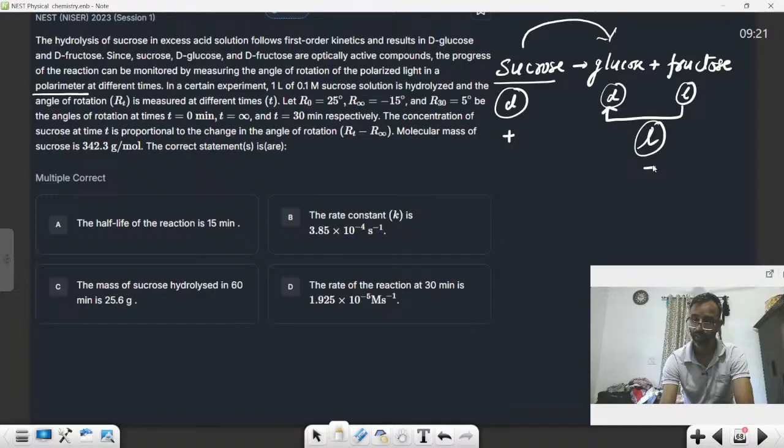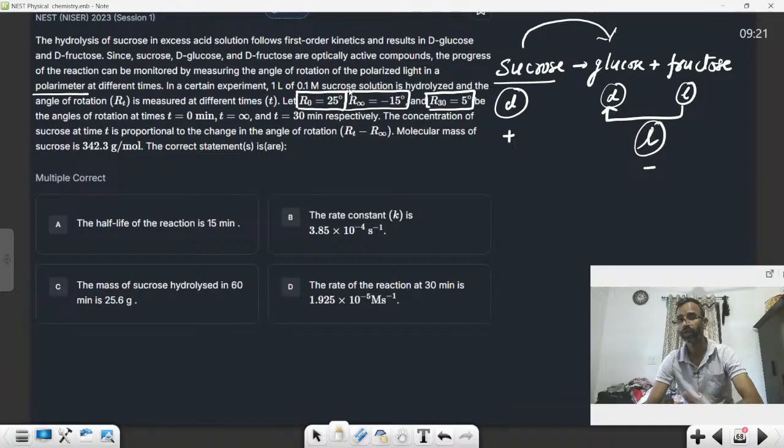So initially when sucrose is present, its rotation is plus 25 degree. After 30 minutes, that becomes 5 degree. And at infinity, because at infinity all the sucrose is hydrolyzed, so value becomes minus 15 degree. Levo rotation. This is also called inversion of sucrose.